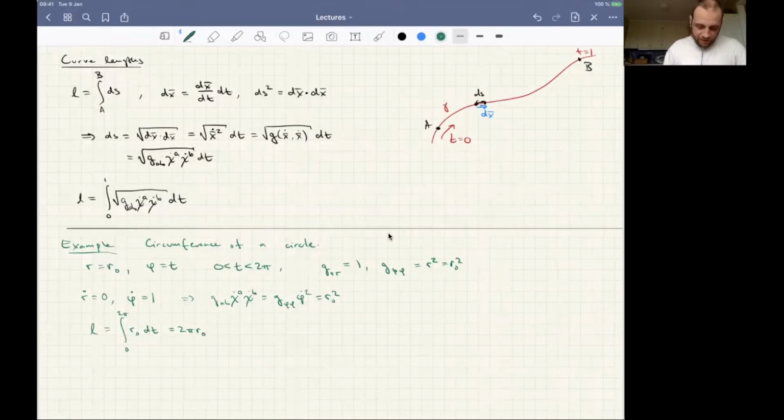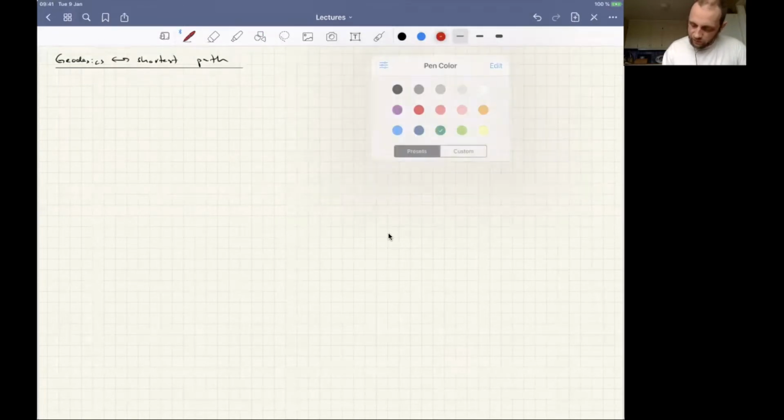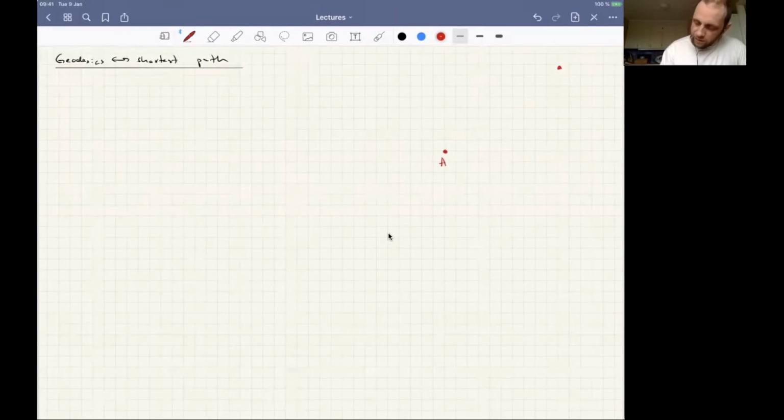So the question becomes now, because you mentioned that a straight line was also the shortest path between 2 points, right? So let's discuss the relations between that. So geodesic versus shortest path. In general, let's take these 2 points, A and B, and we ask what's the shortest path between those.